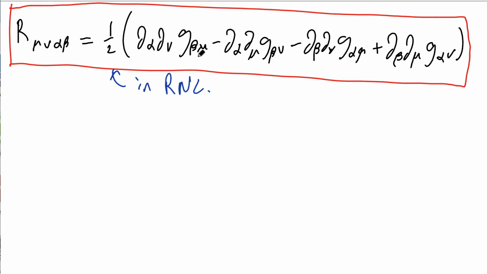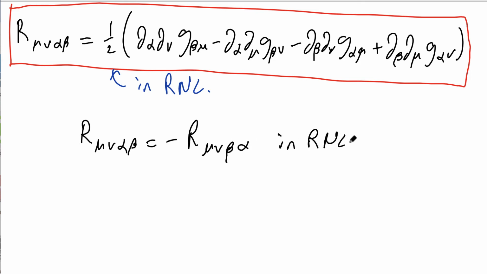If we swap alpha and beta, then this term and this term just switch roles, but with a minus sign. And similarly, this term and this term just switch places, but with a minus sign. So we would be able to easily deduce from examining this that R mu nu alpha beta is equal to minus R mu nu beta alpha in Riemann normal coordinates.